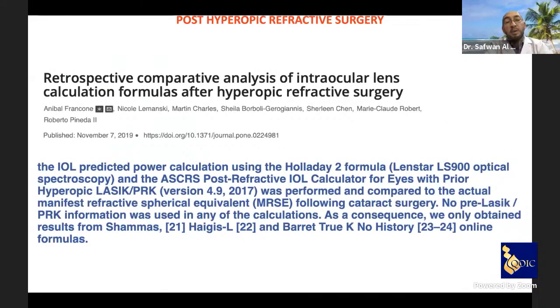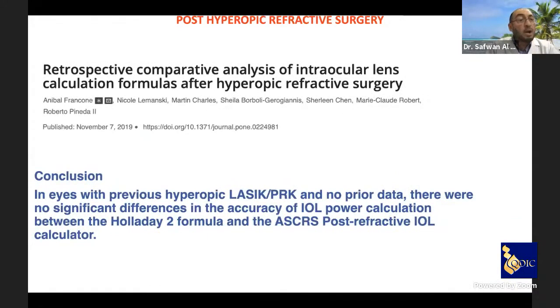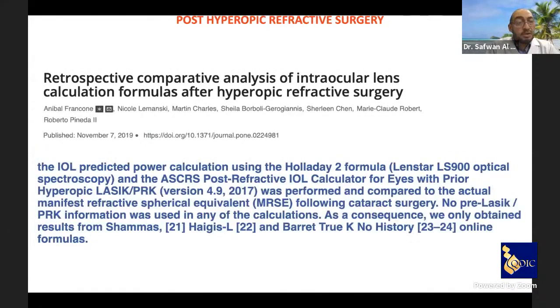Now, one study, post-hyperopic refractive surgery, shows that the IOL predicted power calculation using the Holladay 2 formula, LENSTAR, and the ASCRS post-refractive calculator, a comparison between the Holladay 2 formula and the ASCRS post-refractive IOL calculator for eyes with prior hyperopic laser, LASIK or PRK, was performed and compared to the actual manifest refractive spherical equivalent following cataract surgery.